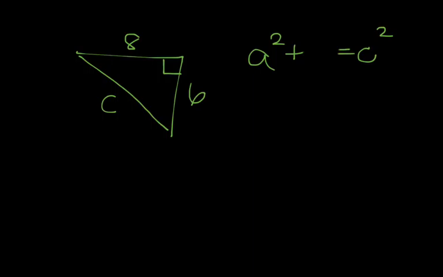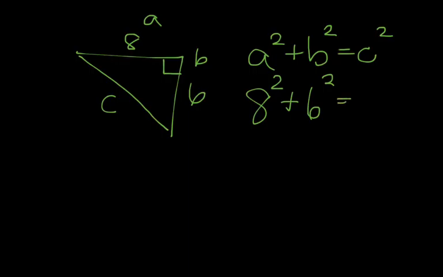Let's make that look a little nicer. Okay, so my A we'll call 8, my B we'll call 6. You could have gone either direction. And this is a 6, not a B. Let's fix that.